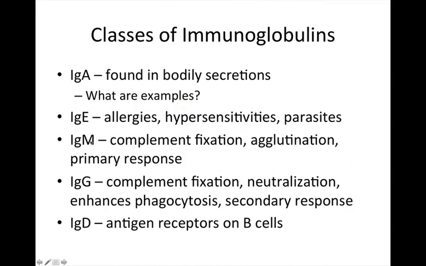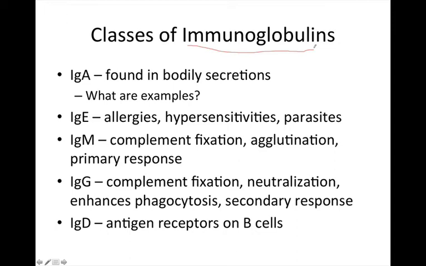Now, let's talk about the various classes of antibodies. There are basically 5 different classes of immunoglobulins, or antibodies, that we use for defense purposes. Remember, when you see this abbreviation, Ig stands for immunoglobulins.